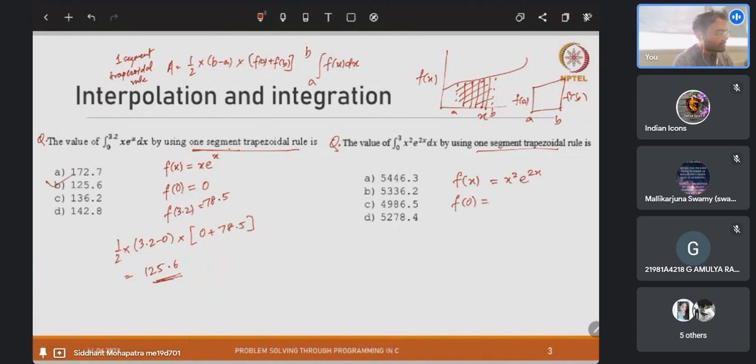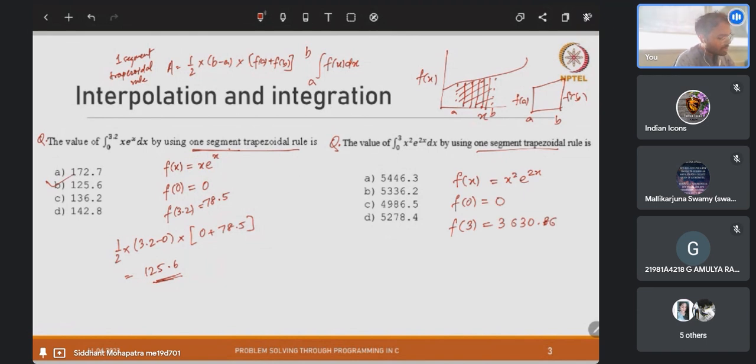So the lower limit is 0, so we calculate f(0), which you can see again is 0, and we calculate f(3), which is the upper limit. Now we calculate that, so it's 9 into e to the power 6, right, and you get 3630.86.